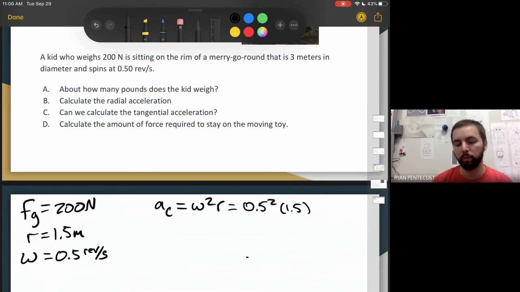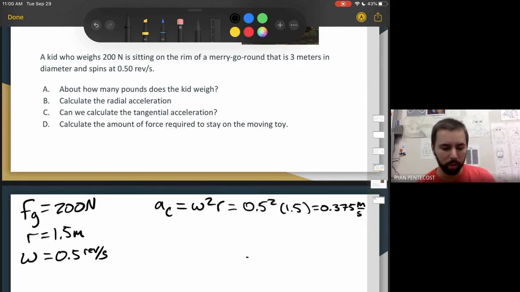What's a quarter of 1.5? That's 0.375 meters per second squared. Yep, meters per second squared. All right, so we have our radial acceleration of 0.375.